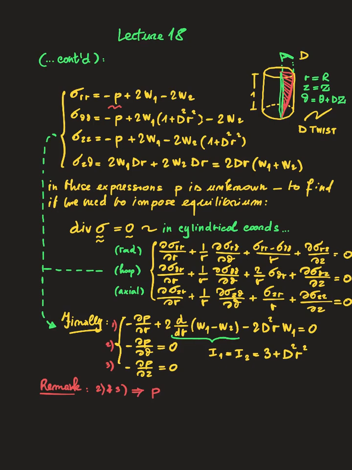Because, of course, if the partial derivative with respect to theta and z is equal to 0, this means that P is only a function of r. So this actually means that equation 1 can be rewritten in a different way. And how do we obtain P at this point? Well, let me just copy this equation here and pass to the next page.